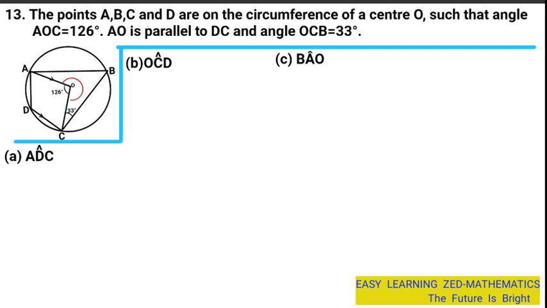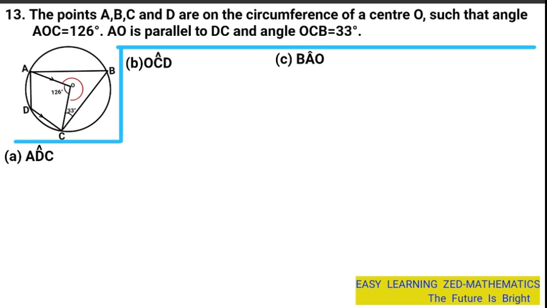So angle ADC is half of angle AOC, the one with the arc in red there. That means for us to find angle ADC, we need first to find the angle AOC, which is in red arc there.